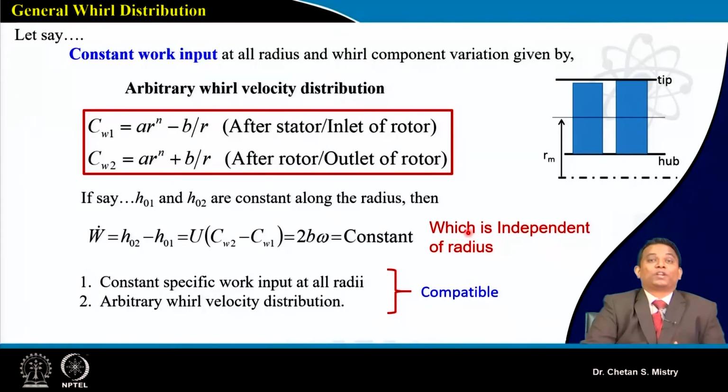What is our assumption? We say constant specific work at all radii. And the second assumption we are discussing is an arbitrary whirl velocity component. These two equations seem to be compatible for moving further.